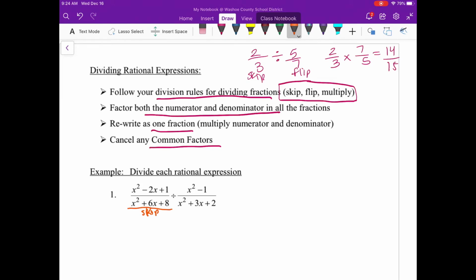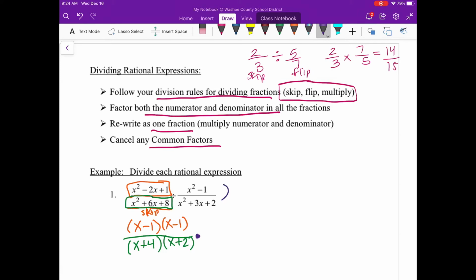I'm going to go straight into factoring it. So x squared minus 2x plus 1 factors out to x minus 1, x minus 1. Then my denominator, x squared plus 6x plus 8, factors out to x plus 4, x plus 2.